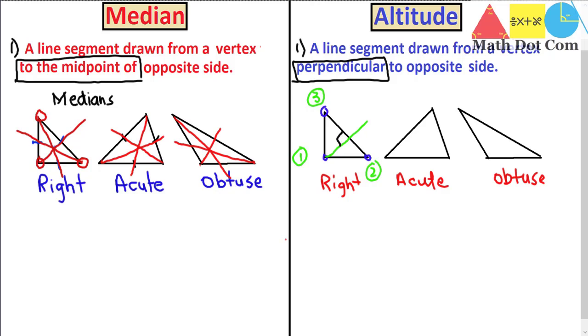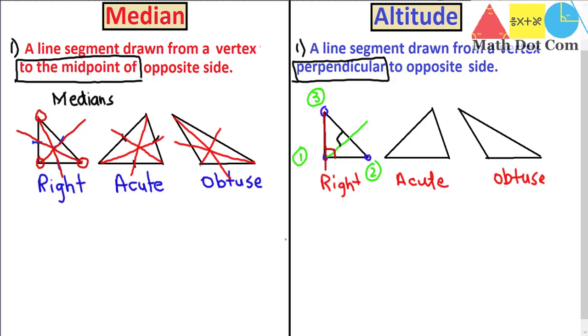If I draw the line segment from vertex number 3, it will not be like this as in the case of vertex number 1, because it will start from here and it will be like this. We cannot say it will cut the opposite side at any other position, because this is the only position in which it makes a 90-degree angle with the opposite side.